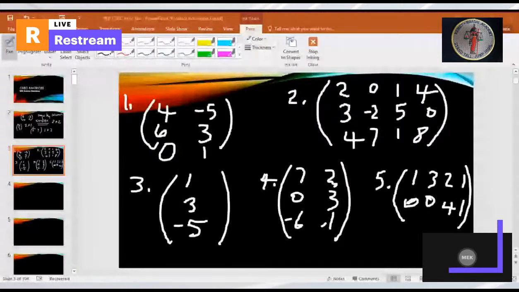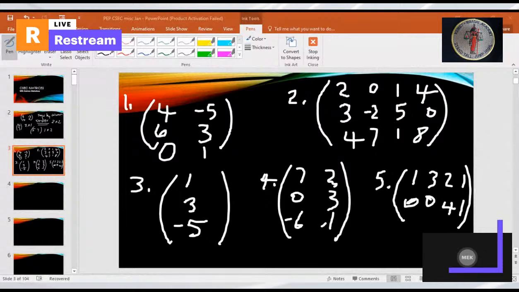All right, so number 1, persons are saying 3 by 3 for number 1. Iman is saying 3 by 3. The 4 and -5, they are in one row by themselves. So remember, the rows are horizontal and the columns vertical.